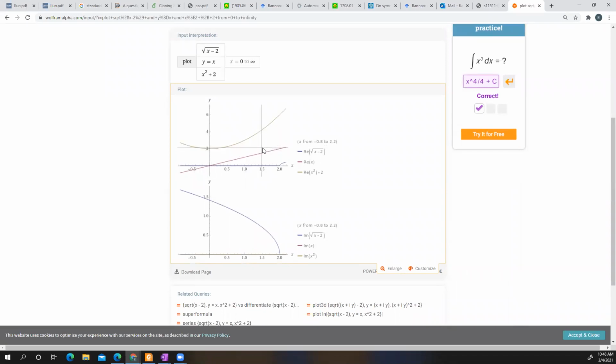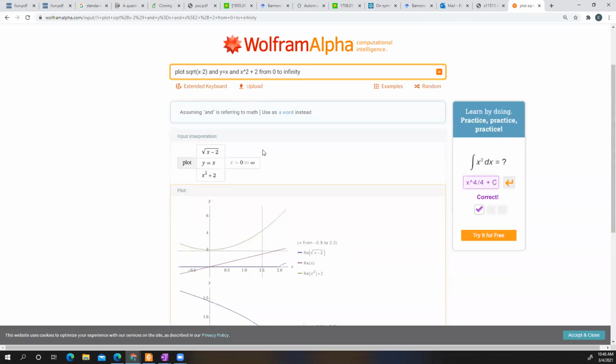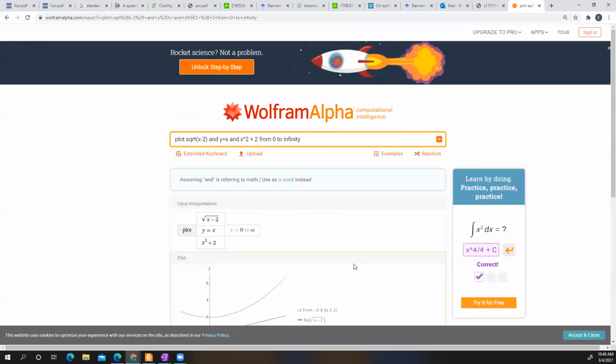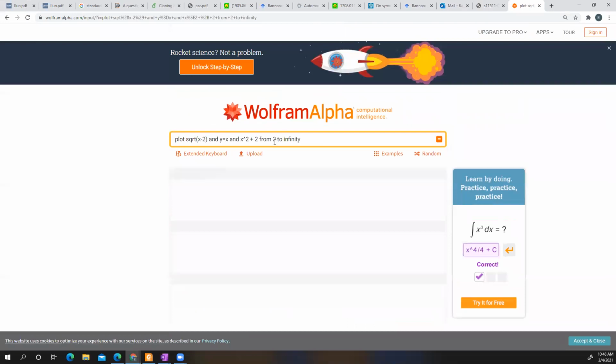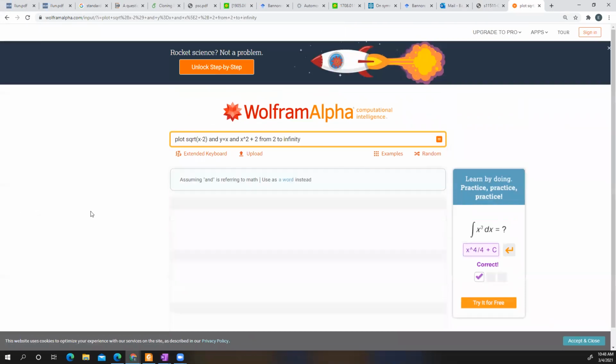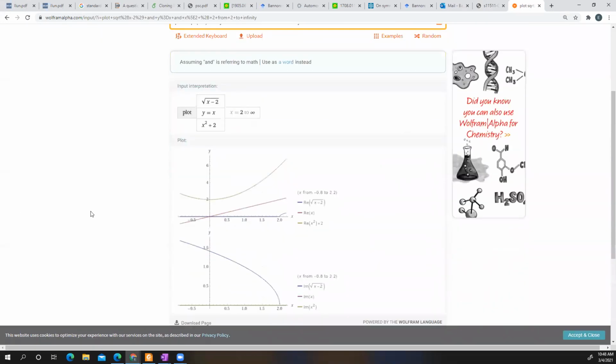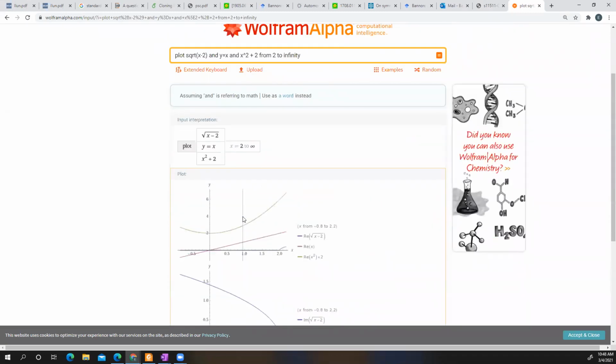This is not really showing what I want. Wolfram Alpha is not cooperating. It's not zooming in the way I want it to zoom in.